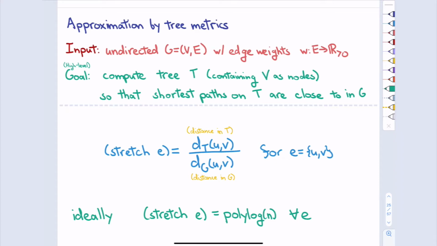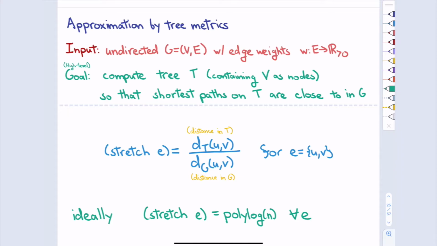Okay? And insofar as we can preserve the distances, so I take G, I produce T, I lose something, but then maybe the rest of the problem is very easy on T. So overall, my approximation factor is basically what I lost in going from G to T. And otherwise, T was easy.